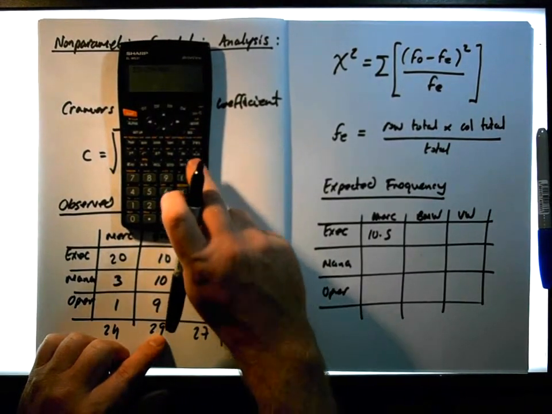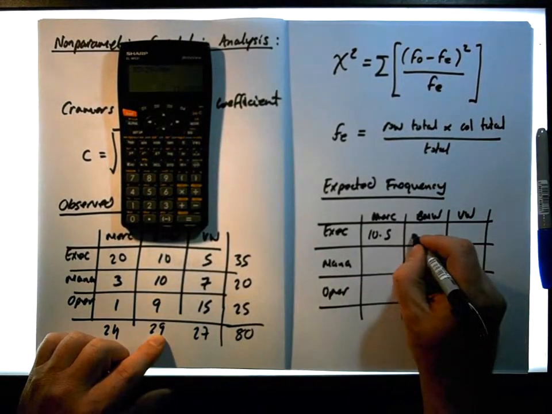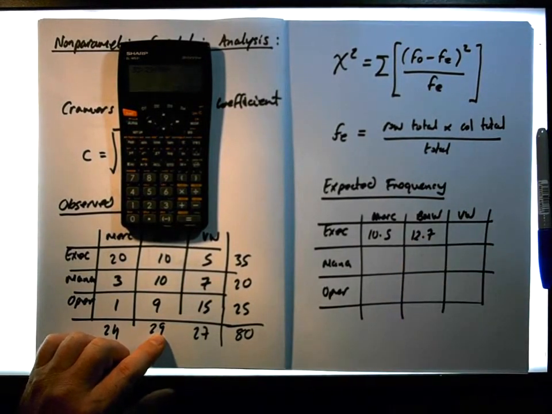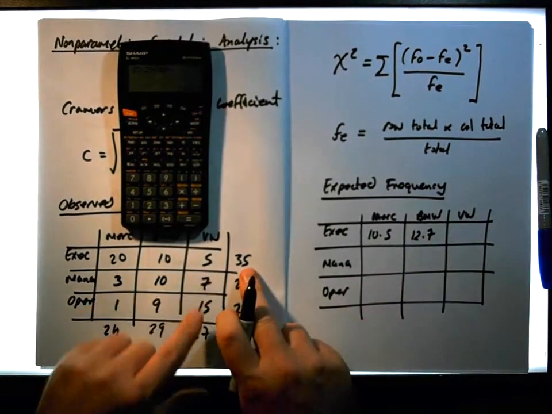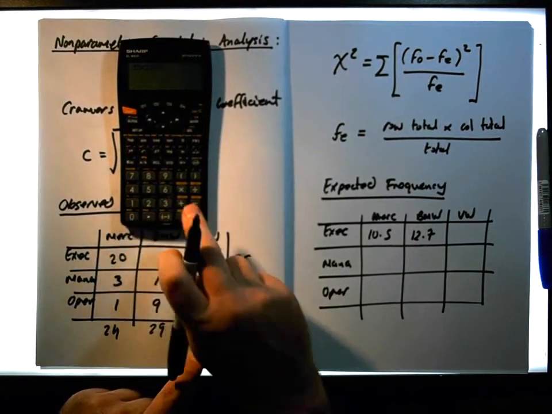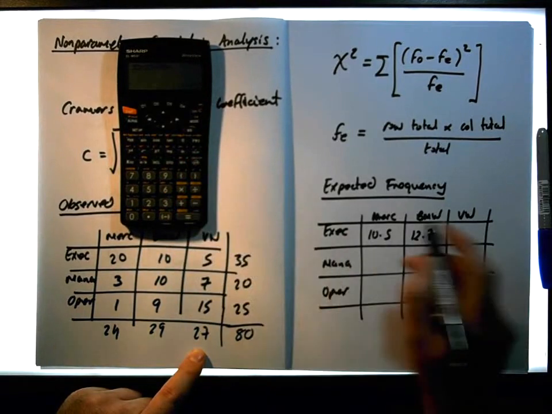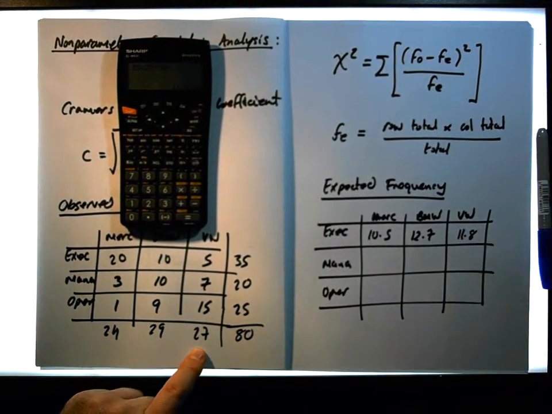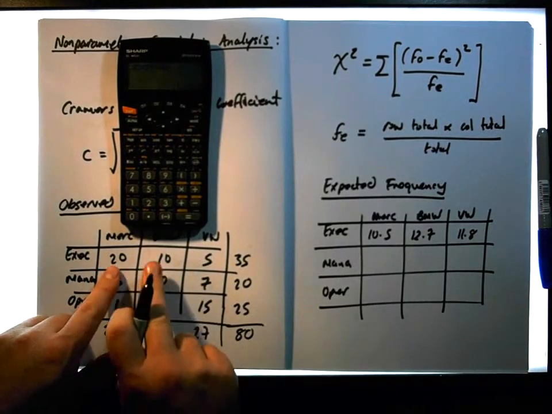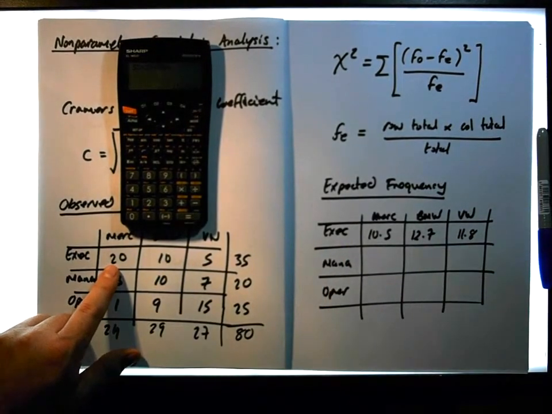That gives us about, let's say to 1 decimal, 12.7 observations. And in relation to the Volkswagen, it's 35 times 27 divided by 80. That gives us 11.8 observations. We've actually seen 5, 10, and 20. So you can see there's differences between what we've observed and what we'd expect to happen.